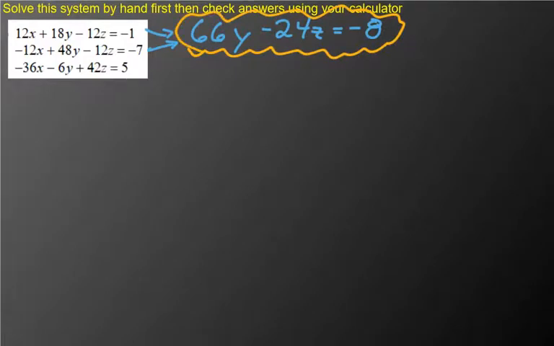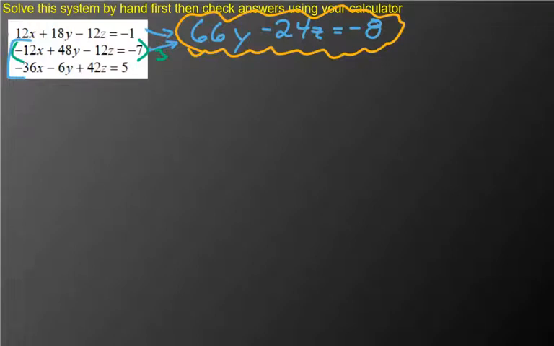And then if I take a look at these other two here, I want to get rid of the x, so I'm going to multiply the middle equation by 3, and then I'll get the x's to be eliminated.